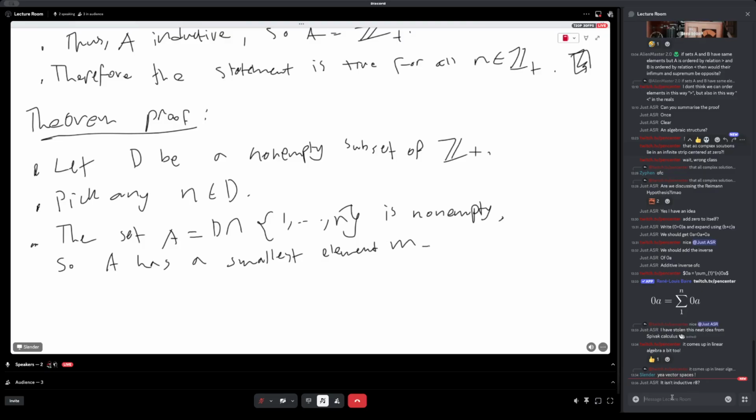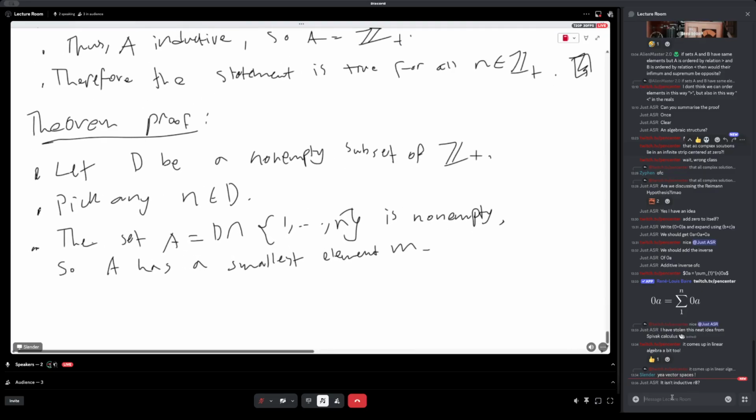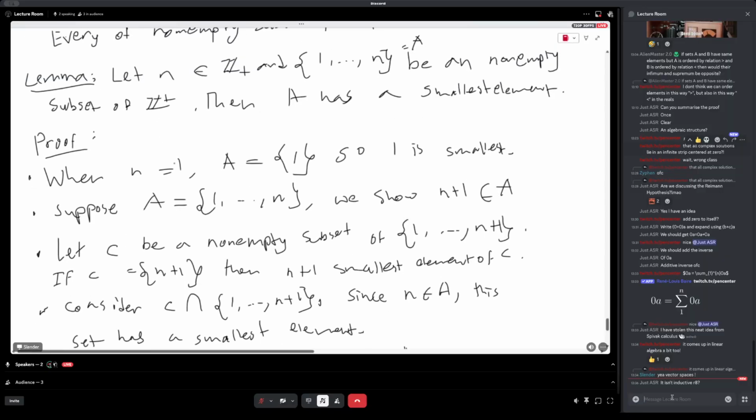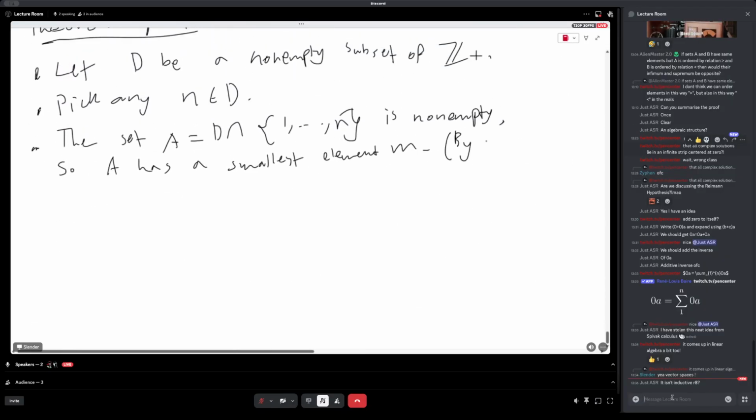Let's call it M. We arrived at this fact by the lemma we proved, the preceding lemma. So therefore, M is the smallest element of D.